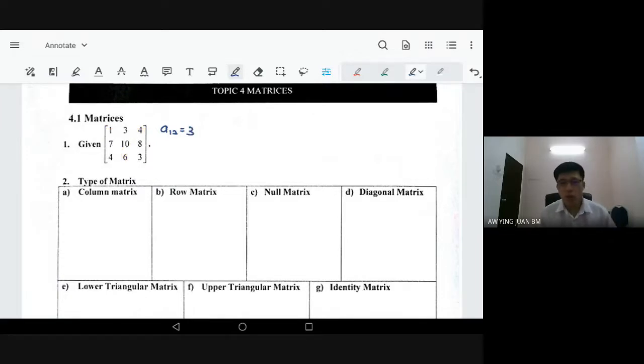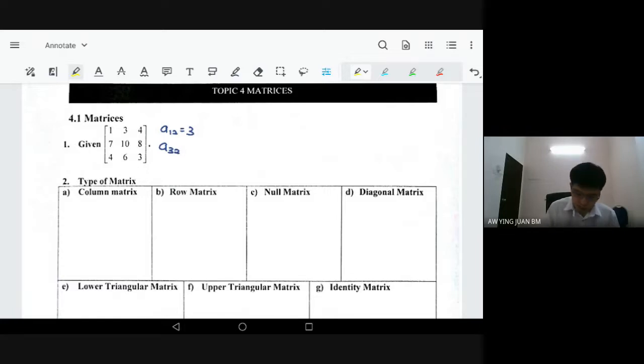Kita bagi contoh yang lagi satu. Contohnya element or entry 3, 2. Di sini kita bayangkan, for the first one, the digit is represented by the row. Row number 1, 1, 3, 4. Row number 2, 7, 10, 8.